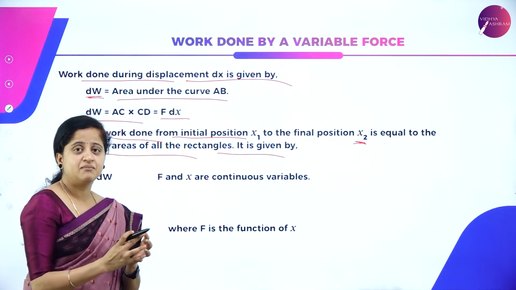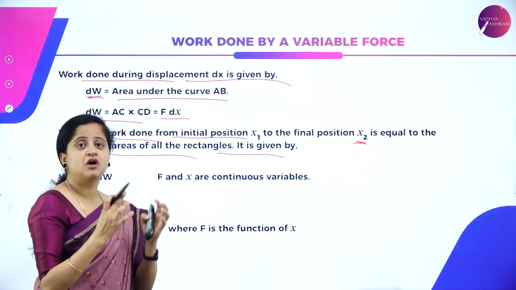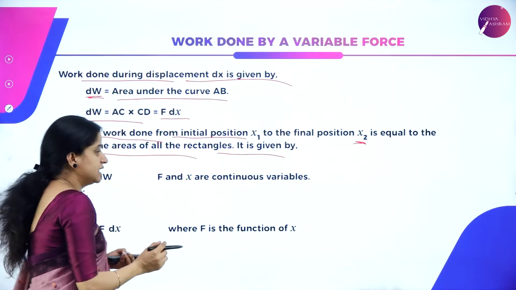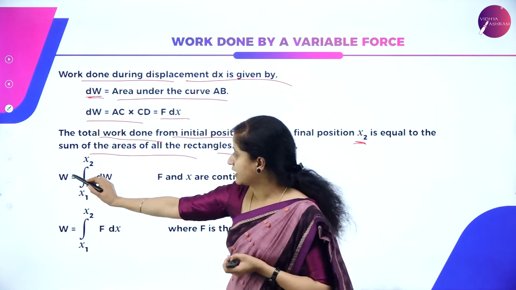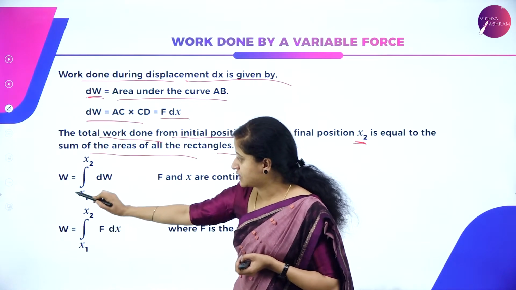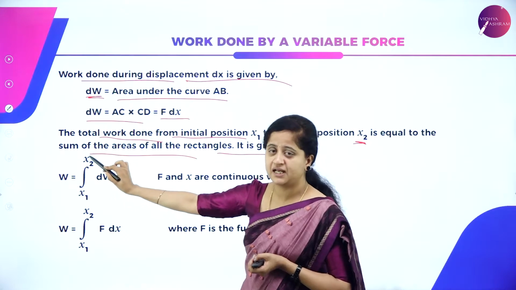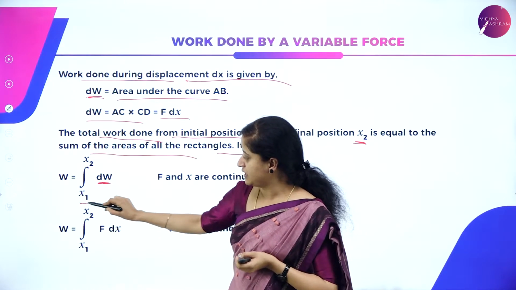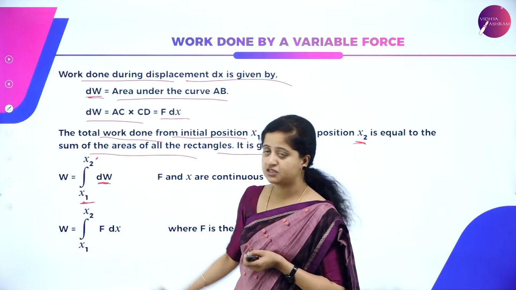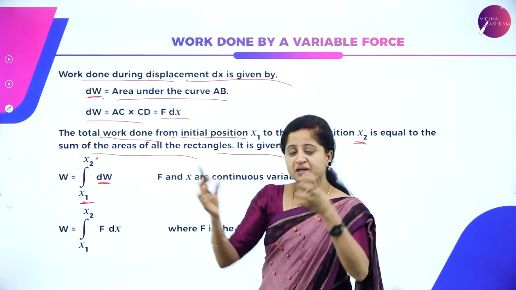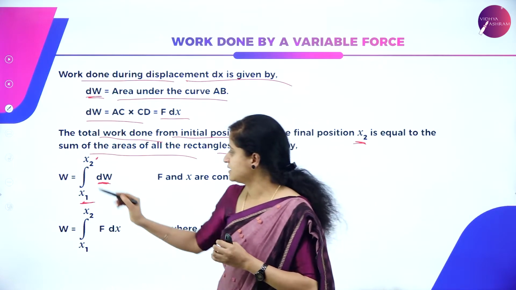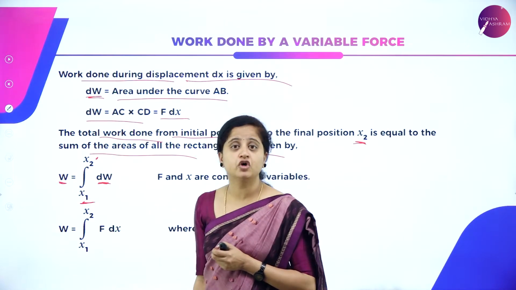So to find the sum of all the small rectangles, we need to integrate the equation to find the total work done from the initial position x1 to the final position x2. By integrating small work done from x1 to x2, we are bringing all the small work done together, we are finding the sum, which means we are integrating to find the total work done.